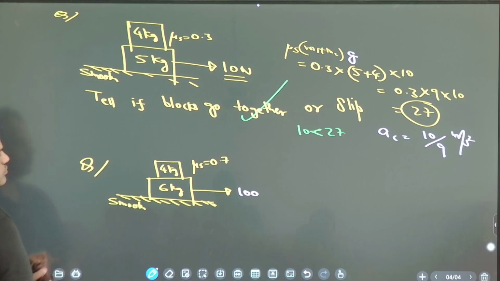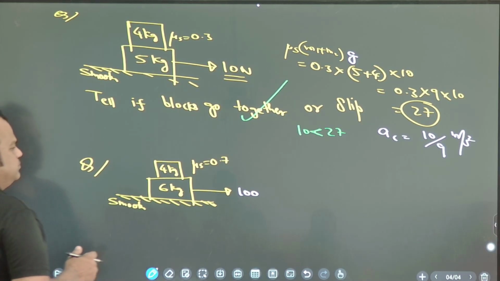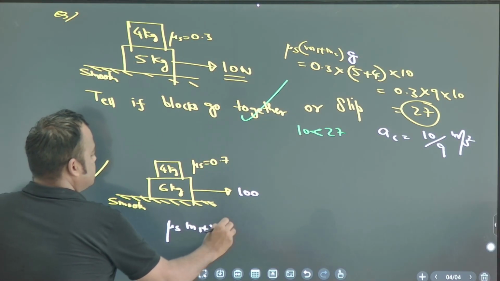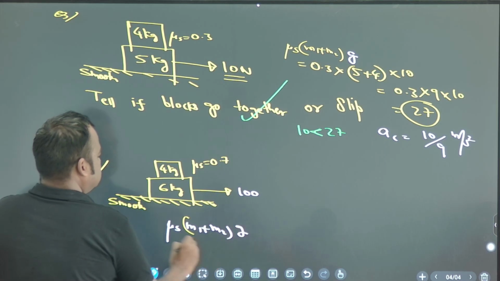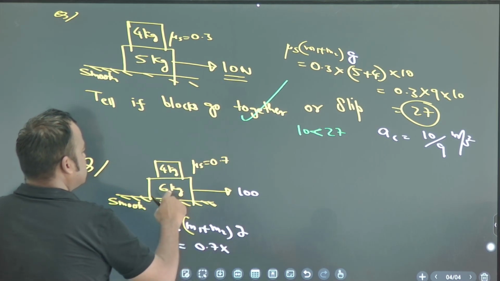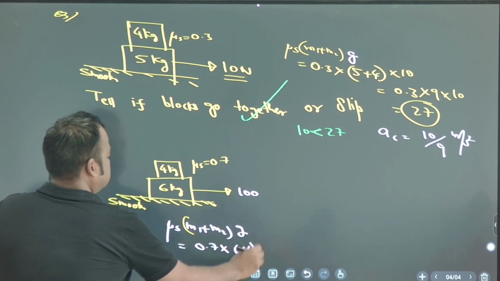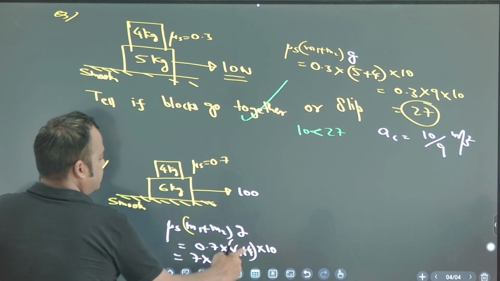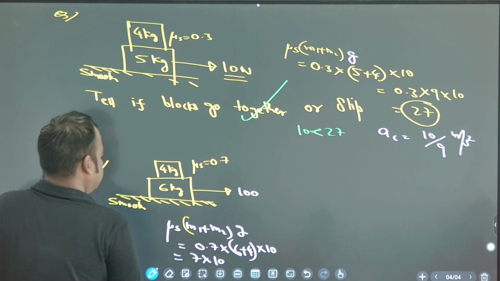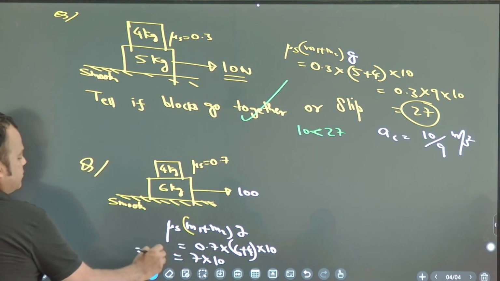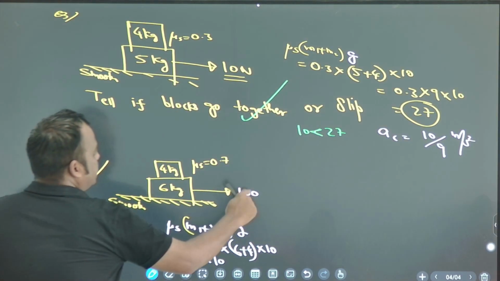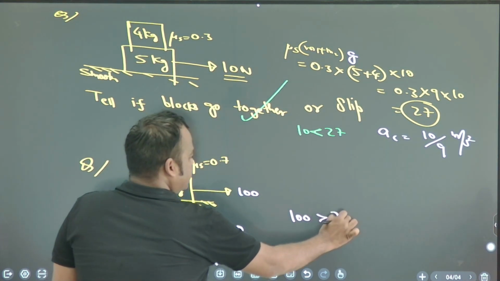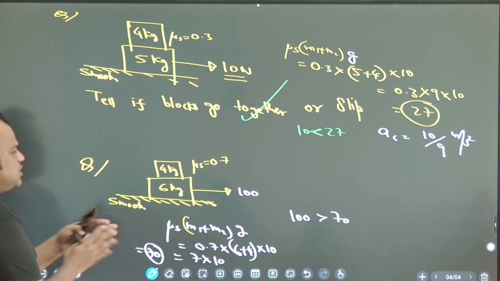Now they will slip. So mu s (m1 plus m2) g is 0.7 into (6 plus 4) into 10, which is 70. I am exerting 100 Newton, and 100 is greater than 70, so they will slip.